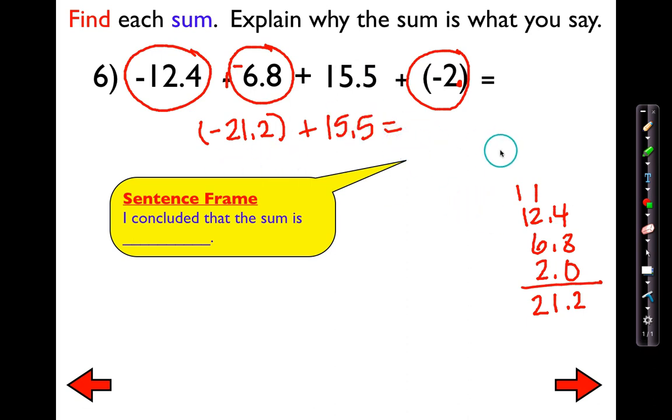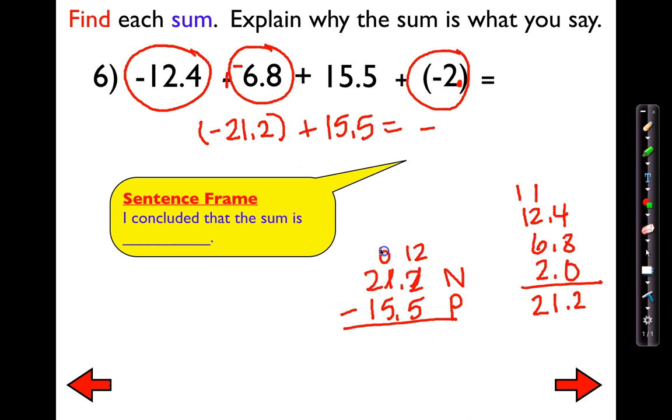So now that I've rewritten it, I can go ahead and compare. I definitely have more negatives. I have 21 2/10 negatives, and I have 15 5/10 positives. So how many more negatives are there than positives? Well, let's find the difference between them. This is going to be 12.